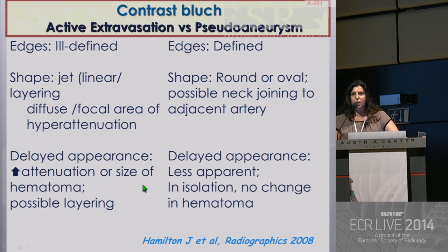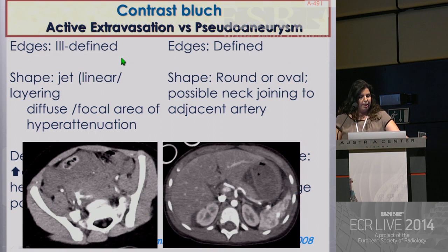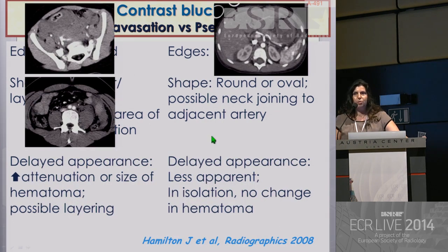Is contrast blush important for us to find and interpret? Yes. Active extravasation morphologically would have ill-defined margins. You might see a spiculated pattern. You might be able to see a layered pattern in the vicinity of extravasation, as opposed to pseudoaneurysms that are round or ovoid. But the way to discriminate those, you need a late phase.